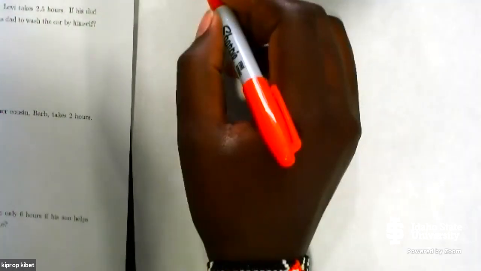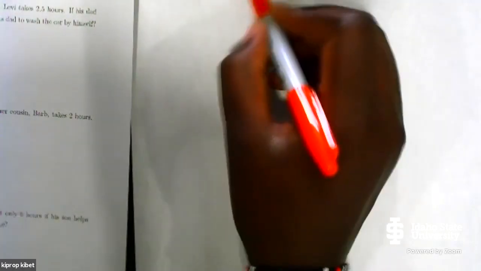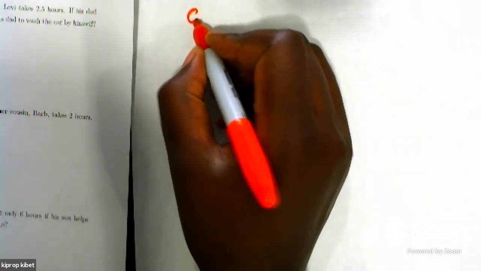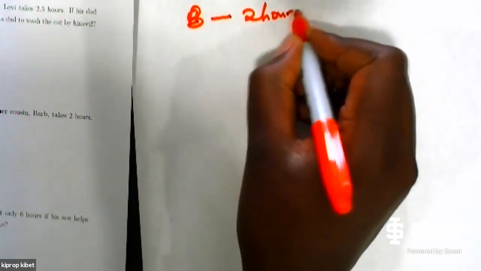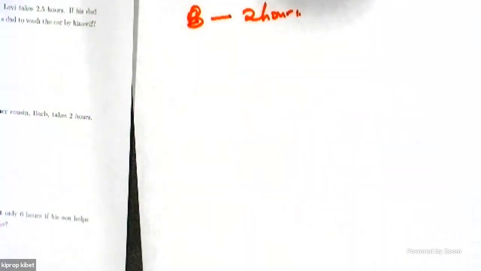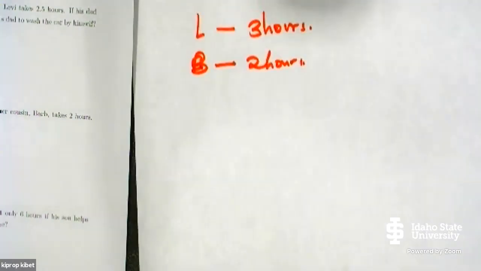So it says, Lisa will take 3 hours to mow the lawn, while the cousin, which is B, will take 2 hours. How long will it take them to work together?